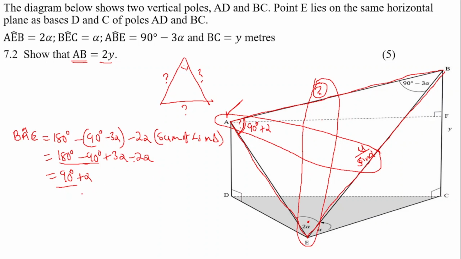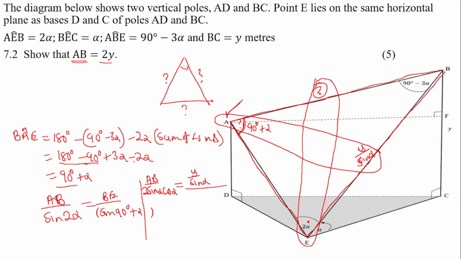We want AB, so it's AB over sine 2 alpha is equal to BE over sine of 90 plus alpha. Then AB is equal to sine 2 alpha, which is 2 sine alpha cos alpha, times BE, which is y over sine alpha, divided by sine of 90 plus alpha, which is cos alpha.